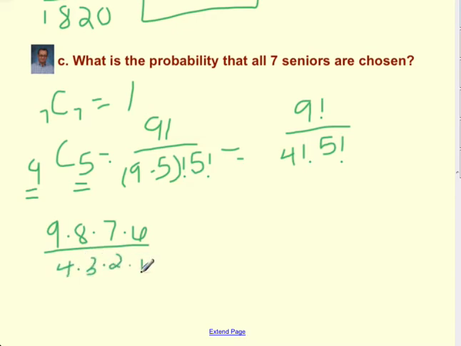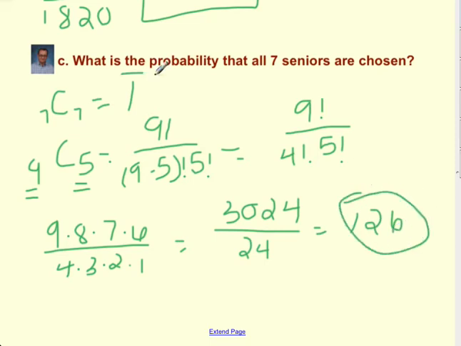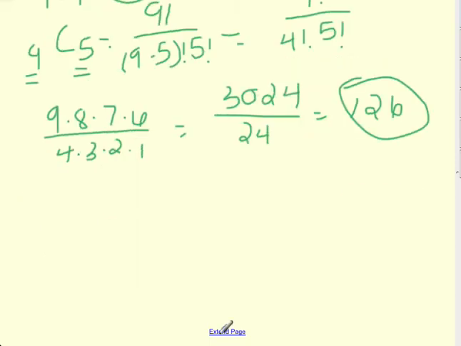So 9 times 8 times 7 times 6 is going to give us 3,024. And then 4 times 3 times 2 times 1 is going to give us 24. So we're going to take our 3,024 and divide it by 24, and that gives us 126. So for our successes, it's going to be 126 times 1, which really is just 126. So we're going to take that 126, and we're going to divide it by our original total, which is 1,820.